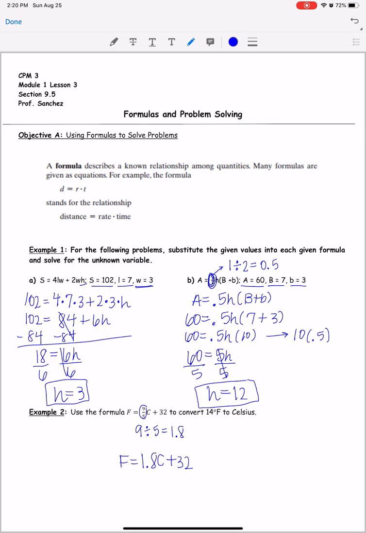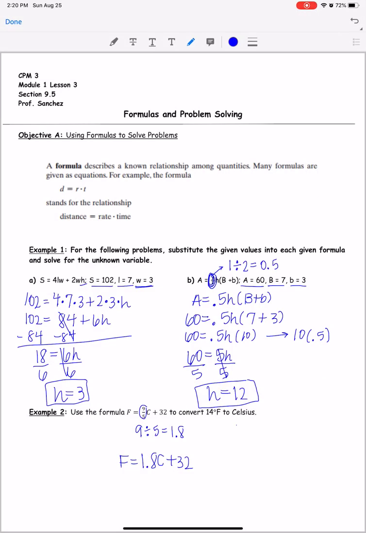However, when you put in your calculator 5 divided by 9, you get like 0.555, and it's just going to keep going with 5s, and then whenever your calculator stops, it's going to have a 6.